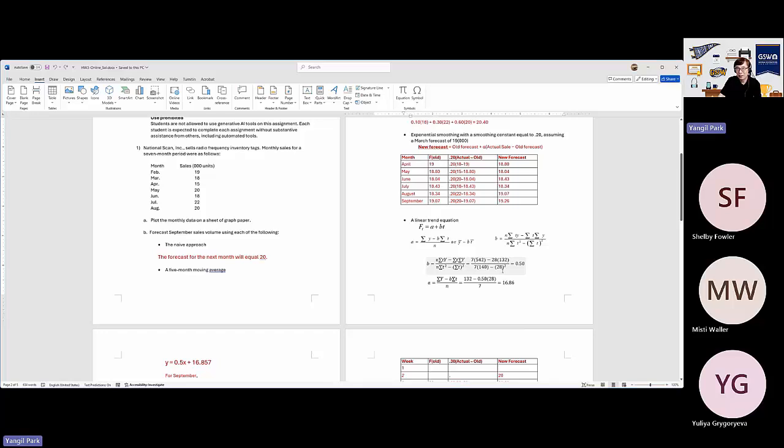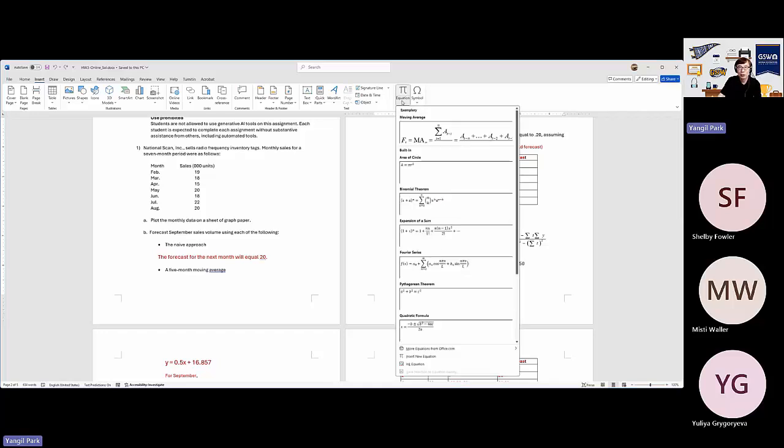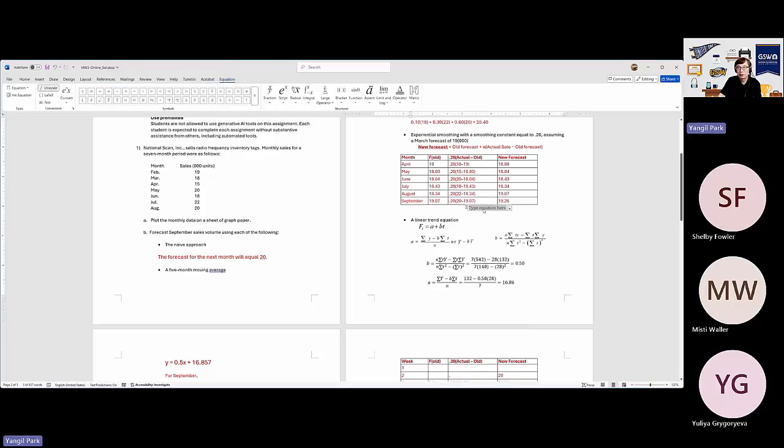Since I'm in the formula, it doesn't show it. But if you want to create a new formula, then you go to Equation. You click New Equation right here, so that you can type it in, like P equals A plus whatever B X, oops.